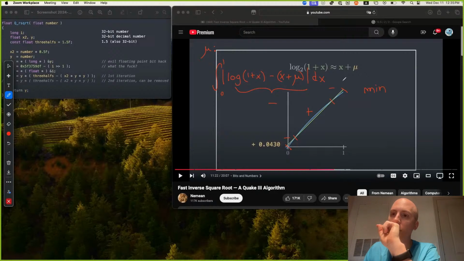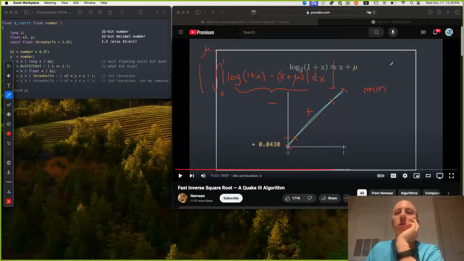Okay, I guess you do want to minimize either this or the absolute value of this whole thing. I feel like that's an easier thing to do. Is that the same thing?